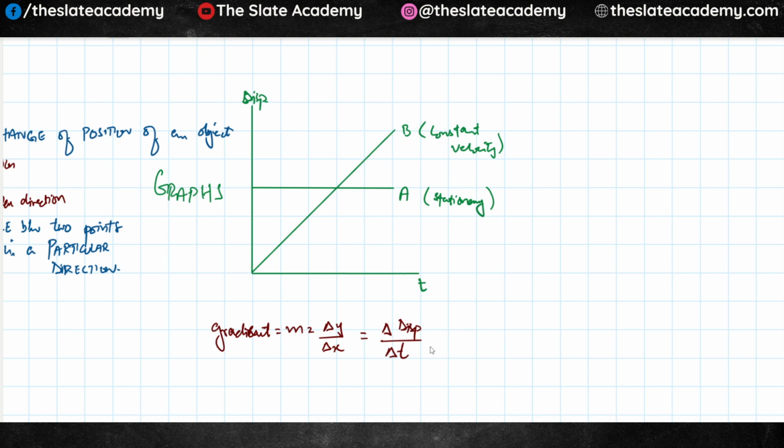For A also the gradient was constant. For A I could say m is equal to 0, and since m here is velocity, velocity is 0. Over here, since it is a straight line, m is equal to constant, which means velocity is constant.